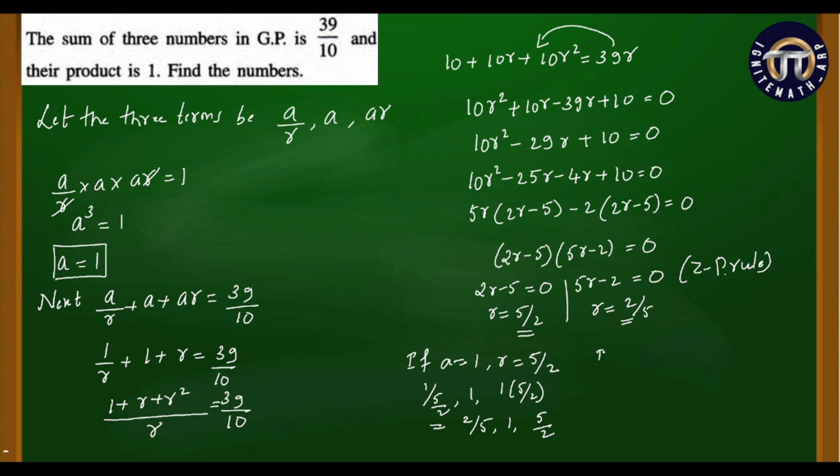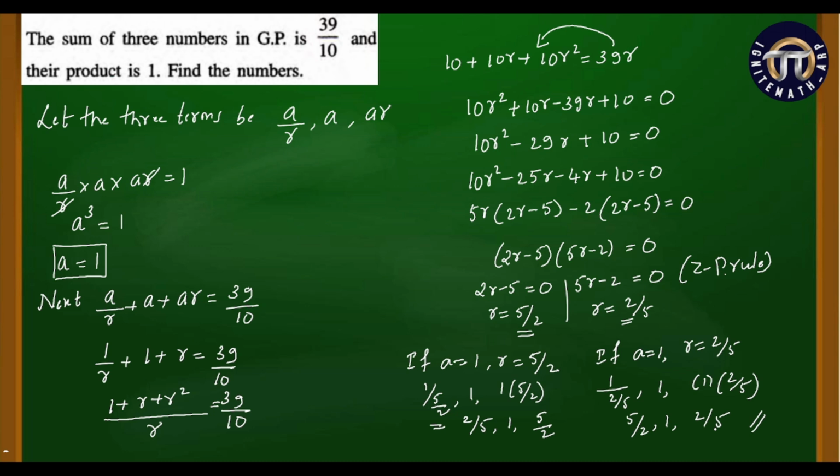So here if a is equal to 1, then r is equal to 2 by 5. Then the required terms are 1 divided by 2 by 5, 1 and 1 multiplied by 2 by 5. So that is nothing but 5 by 2, 1 and 2 by 5. These are the required three terms of the GP.